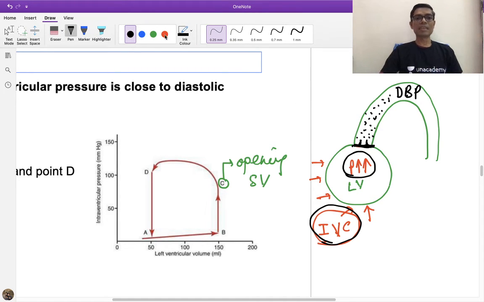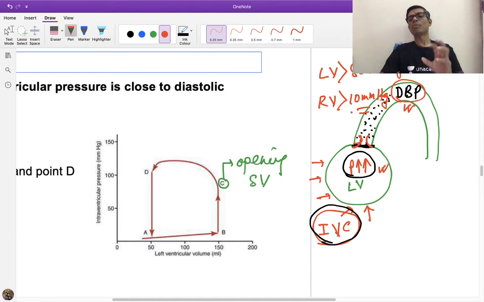That means if I have to open these semilunar valves, I have to overcome this diastolic blood pressure in the aorta. Whenever the ventricular pressure is just greater than the diastolic pressure of the aorta, the semilunar valve will open up. That's why it is said, left ventricular pressure greater than 80 millimeter of mercury, the semilunar valve will open on the left side, but right ventricular pressure greater than 10 millimeter of mercury, the pulmonary valve will open on the right side.